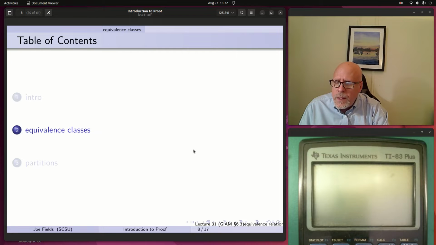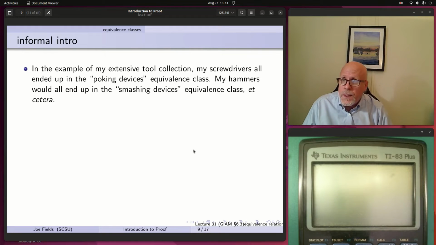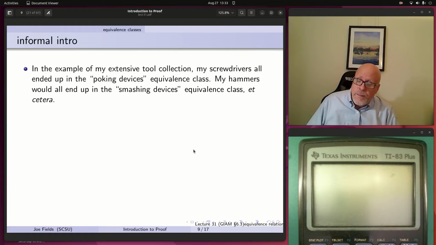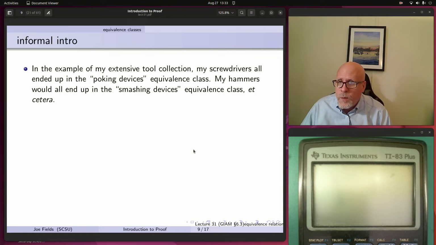Okay, equivalence classes. This is actually what we are after in the idea of getting handy with equivalence relations, to be able to understand equivalence classes. I was talking about my tool collection before. My screwdrivers would all end up in the poking devices equivalence class.